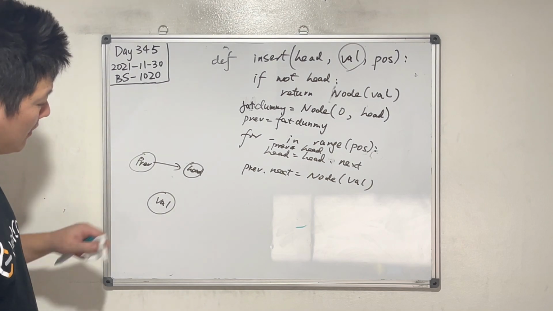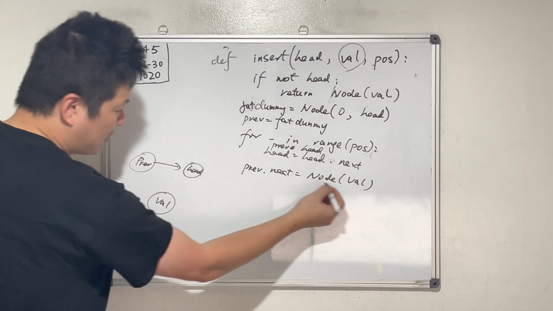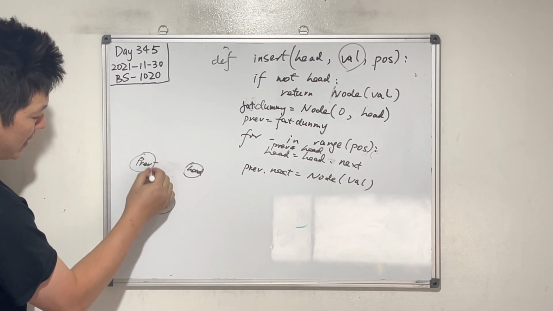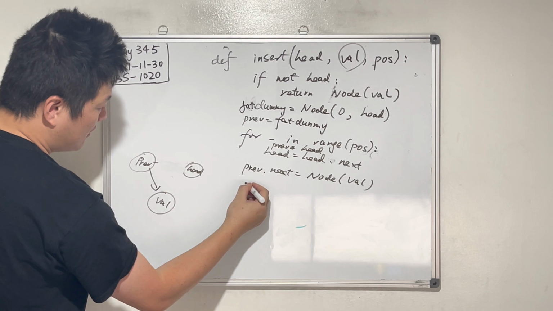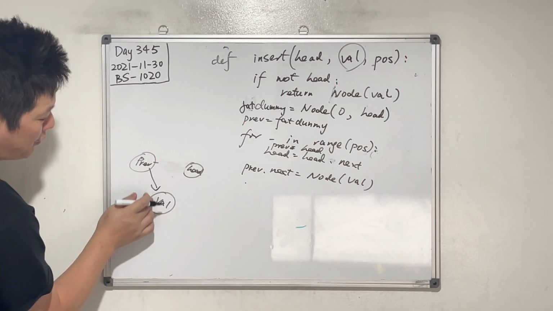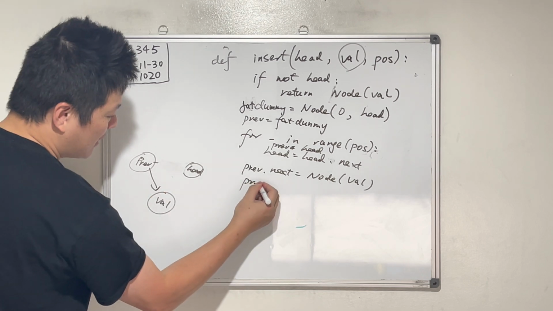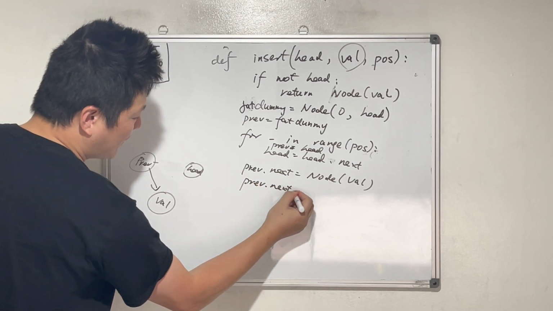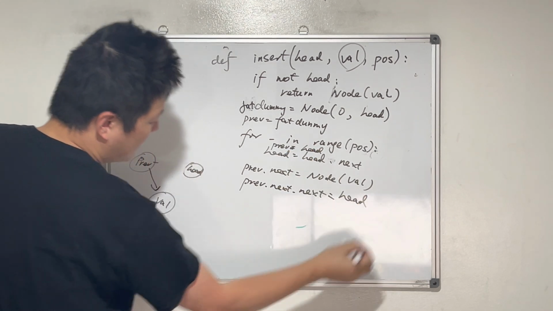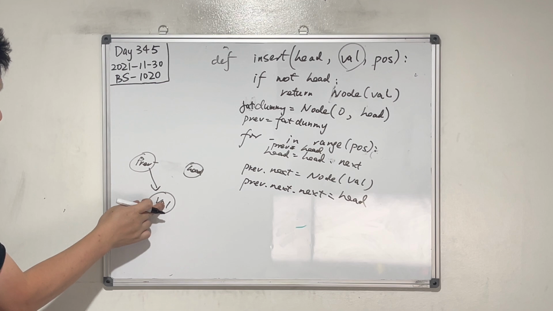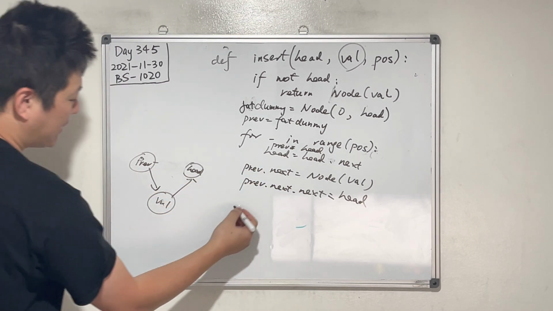So what should I do next? I need to save this. So previous dot next equals head dot next. Previous dot next is this one, and then dot next is head. And then return what?